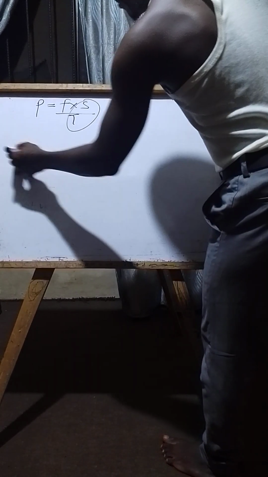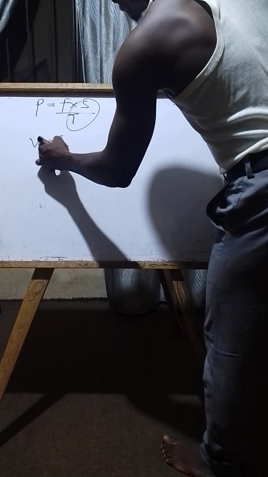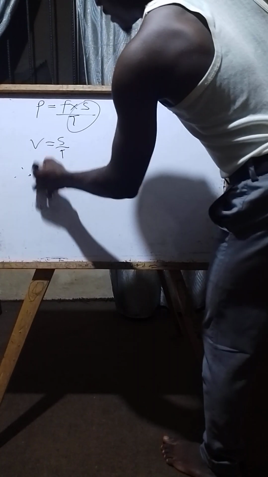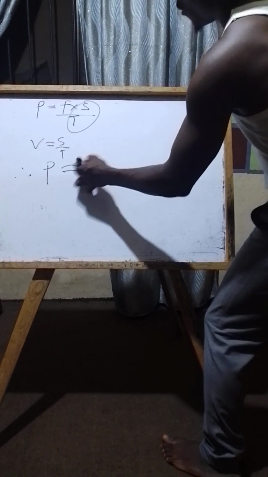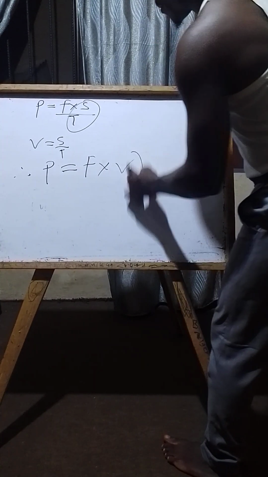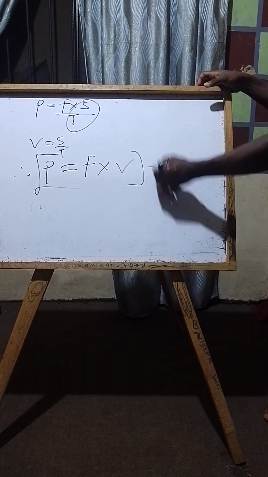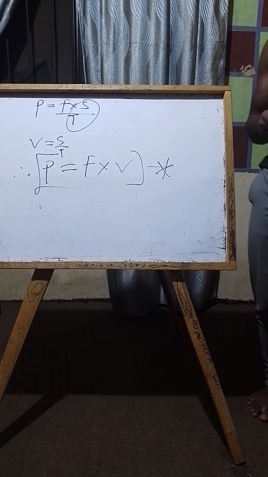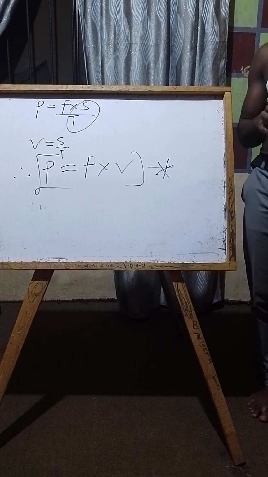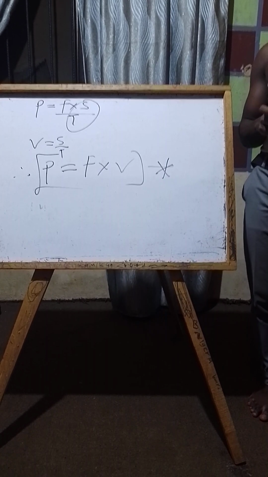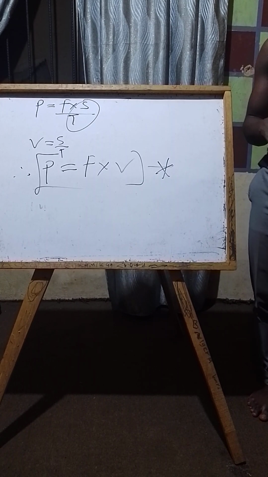Now, if this happens, it means that V is equal to S over T. So therefore, I can say that power is equal to force times velocity. This is another very important formula to note in these calculations. Are we clear now?